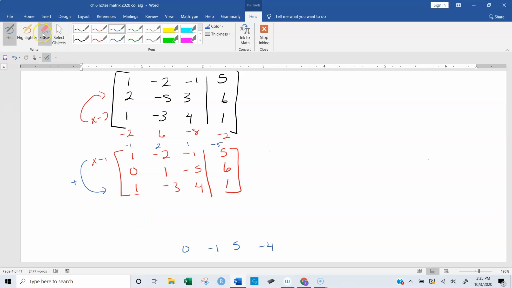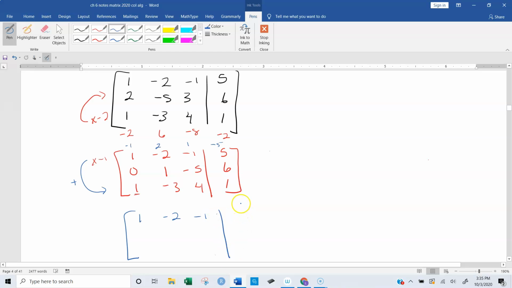So now remember, the top row does not change. 1, -2, -1, 5. Middle row does not change. Last row changes. -1 plus 1 is 0. 2 plus -3 is -1. 1 plus 4 is 5. Negative 5 plus 1 is negative 4.